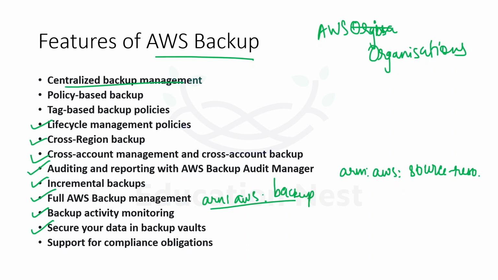So these backup vaults are encrypted, and resource-based policies can be applied to them to define who has access to your backup. You can define access policies for a backup vault that define who has access to the backups within that vault and what actions they can take. This provides a simple and secure way to control access to your backups across AWS services.